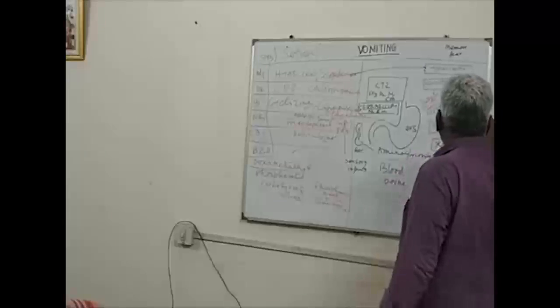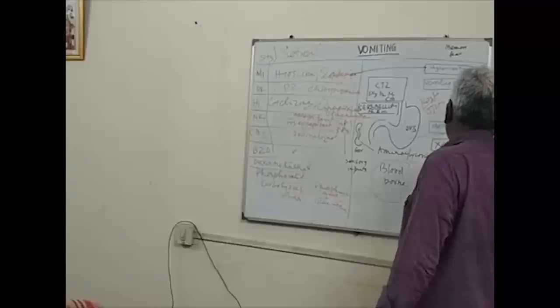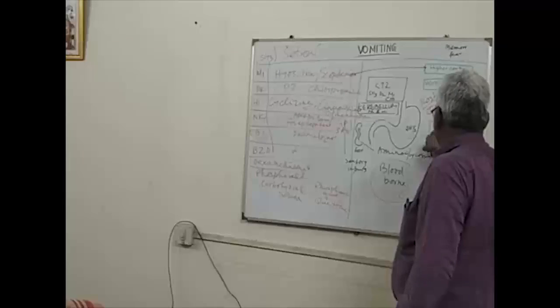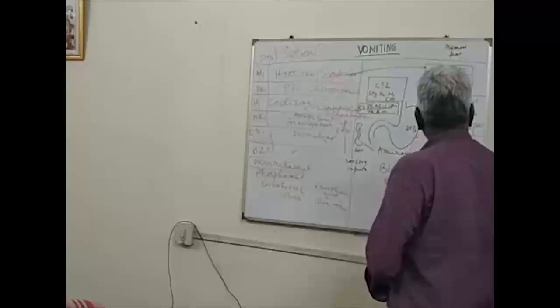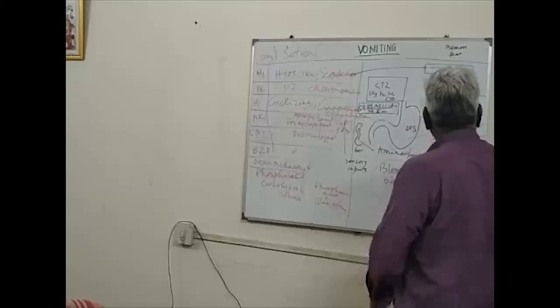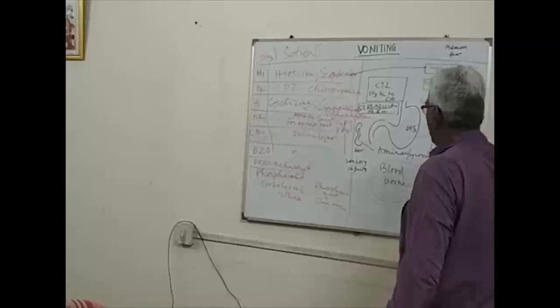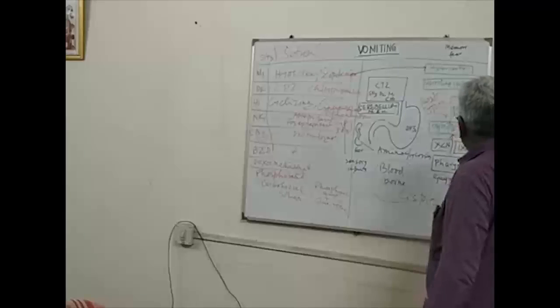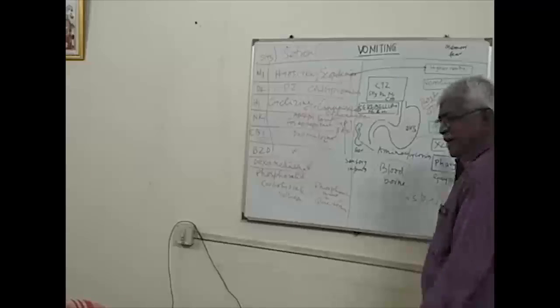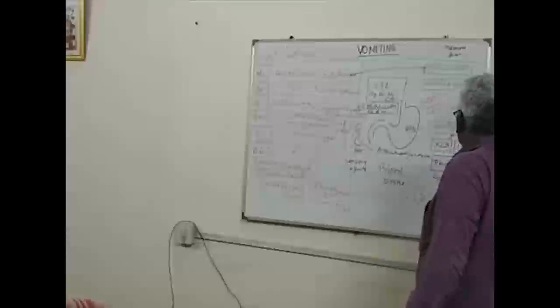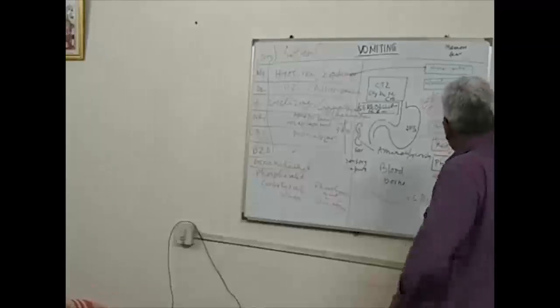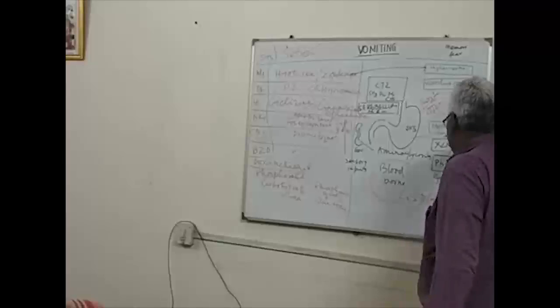We call it the nucleus tractus solitarius, and the different receptors available here are CB1, the cannabinoid 1, 5-HT3, dopamine of the second variety, D2, muscarinic 1, histamine 1, and NK1. There are three varieties of NK receptors, NK1, NK2 and NK3, and substance P acts on them, out of which in vomiting NK1 is involved.